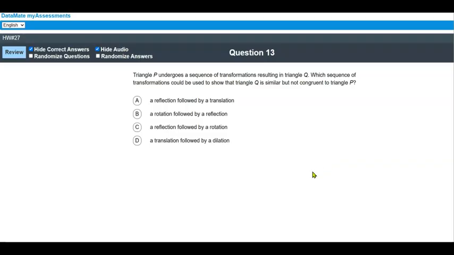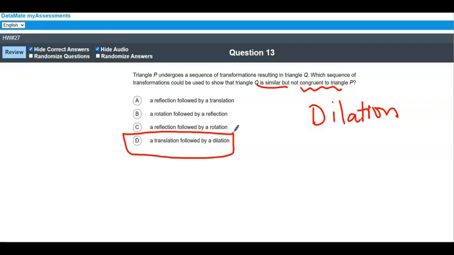Question 13 says that triangle P undergoes a sequence of transformations. Which one will make it similar but not congruent? The only thing that does that is a dilation. So we're going to scan for the one that has a dilation.